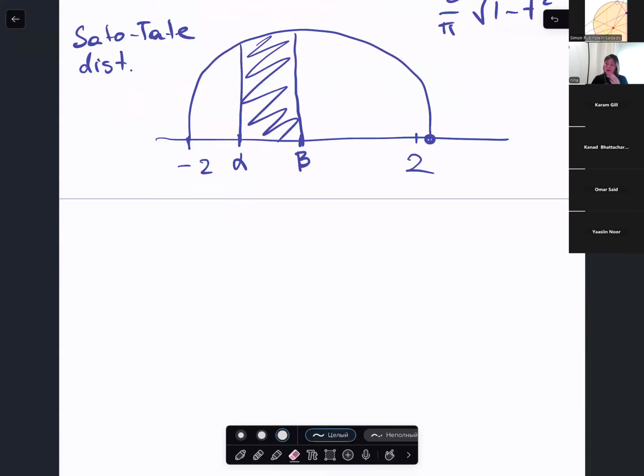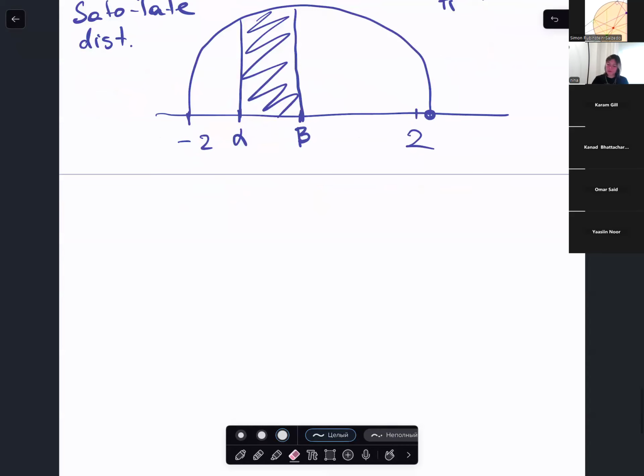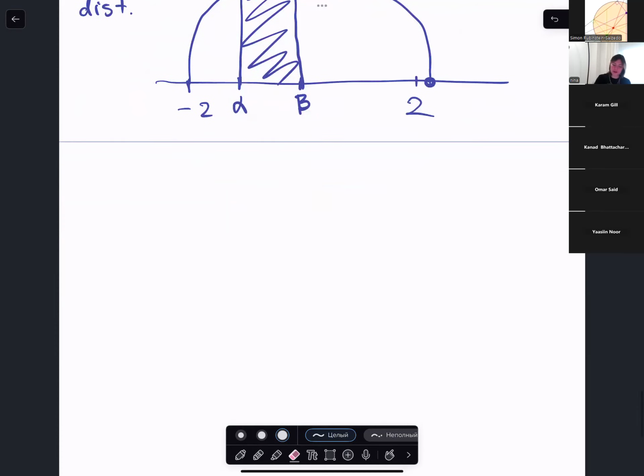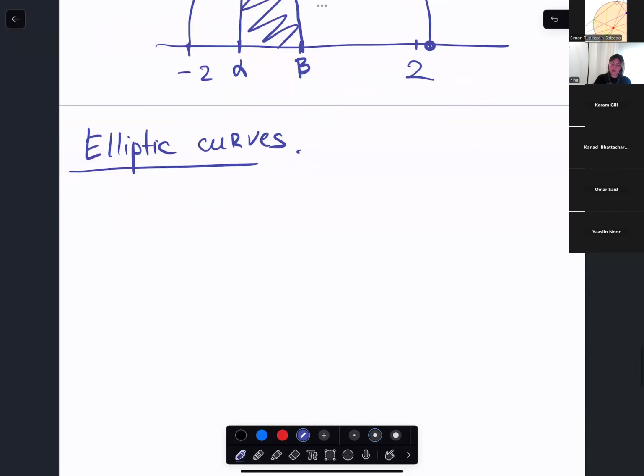So now I will try to briefly talk a little bit about how this is related to my thesis. But before I get to that, I should mention the connection of this entire story to elliptic curves. So what is an elliptic curve? In some sense, you could say that an elliptic curve is the first non-trivial example of an algebraic curve.